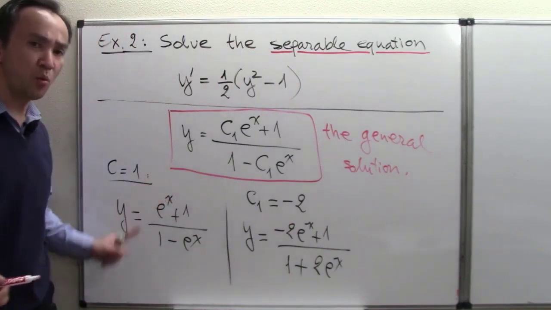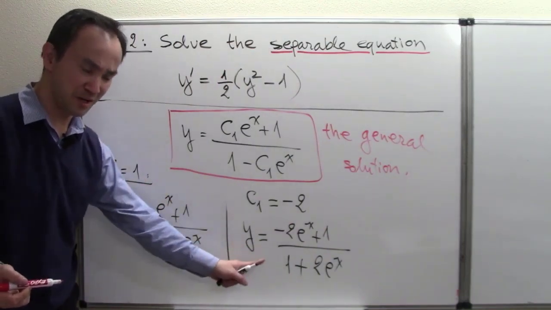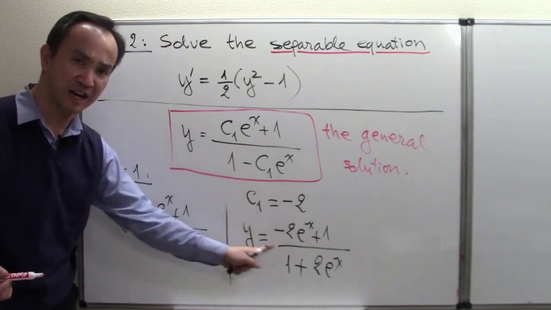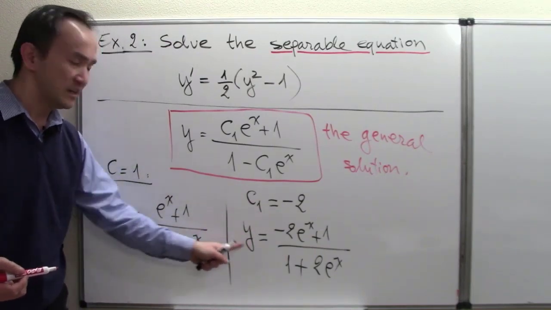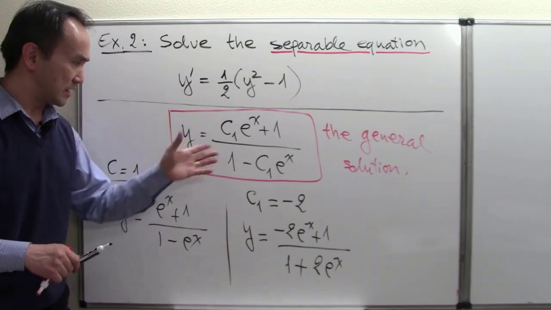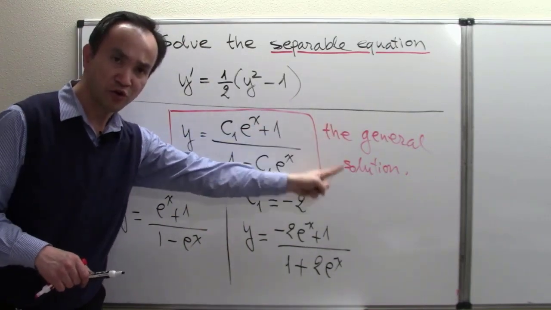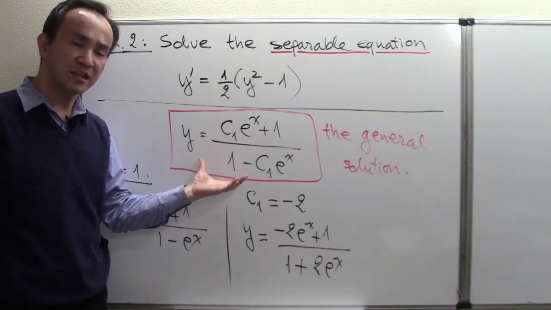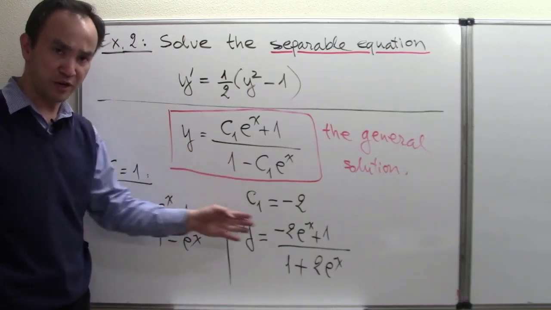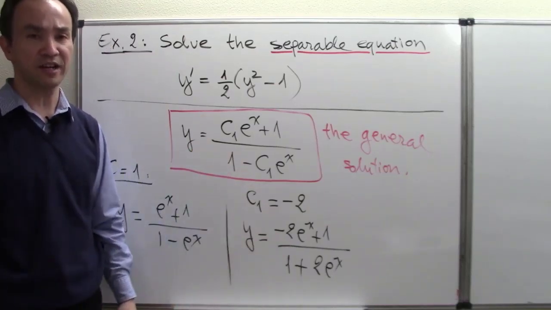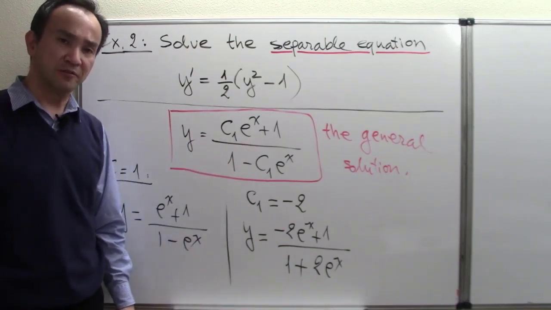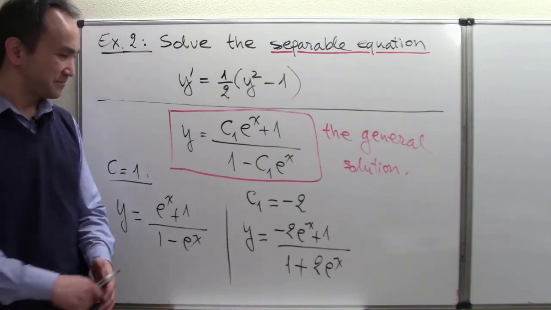It's not any one of these particular solutions, but a whole family of solutions, of which these two that I quickly pointed out are members. It's called the general solution to this separable equation, and to truly understand it, it's a family of solutions where these two quick instances are members of that general solution family.